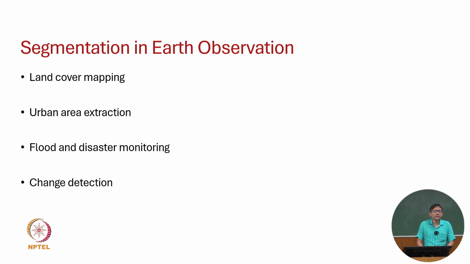Or disaster monitoring, where some of the buildings are impacted by a disaster and some other buildings are not impacted. So there, most of the time, it makes much more sense to formulate such problems as a semantic segmentation problem instead of a mere classification problem.